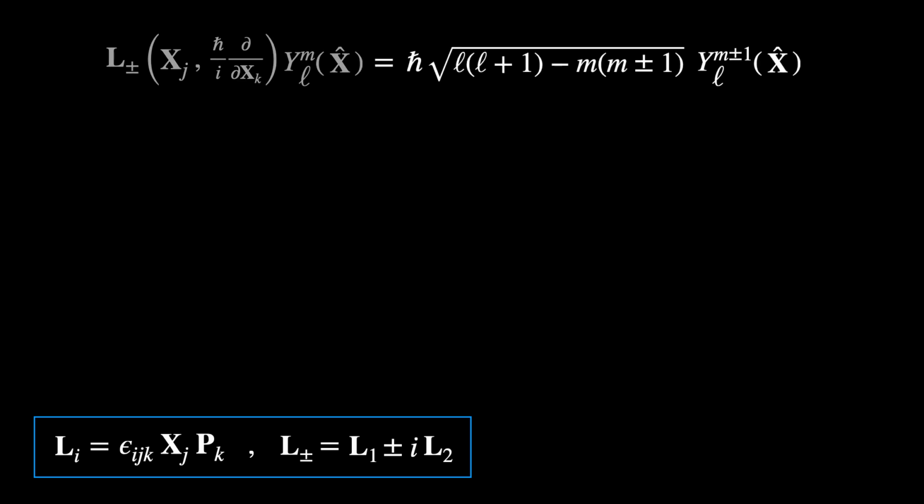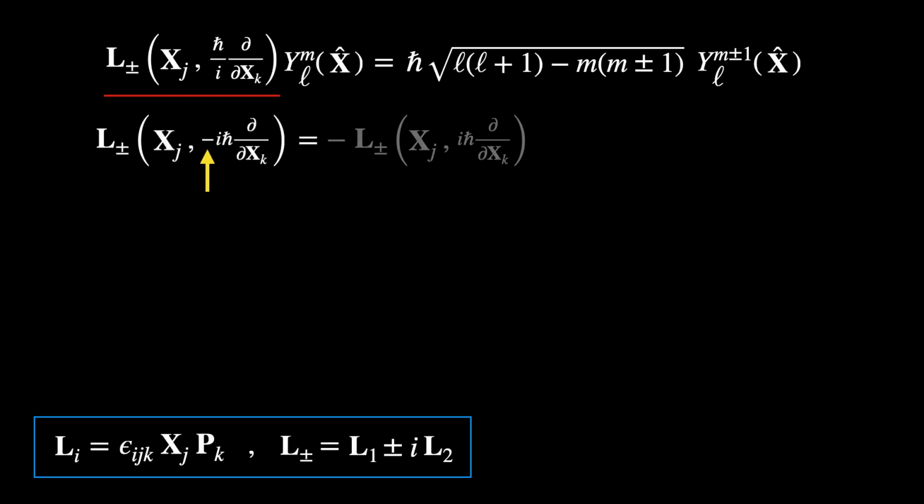Now let's see how commutators enter the left-hand side of this equation. Let's take a closer look at this differential operator, which can be written as: we can take this minus sign out of the argument and move it in front. This is possible because, as mentioned earlier, L plus minus is linear in momentum.